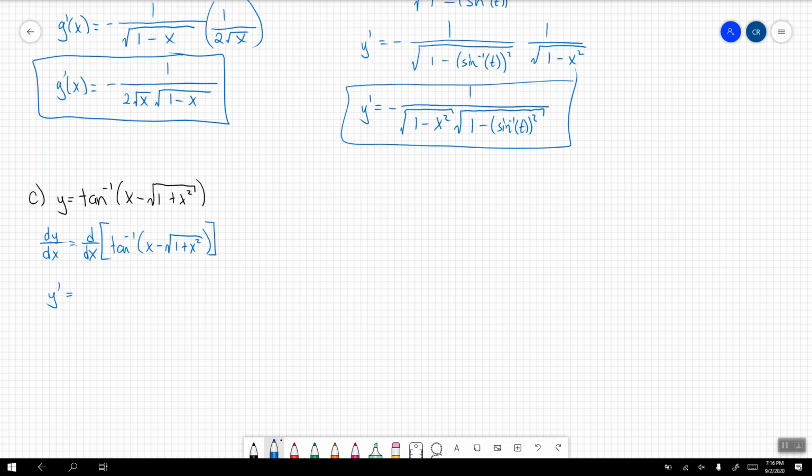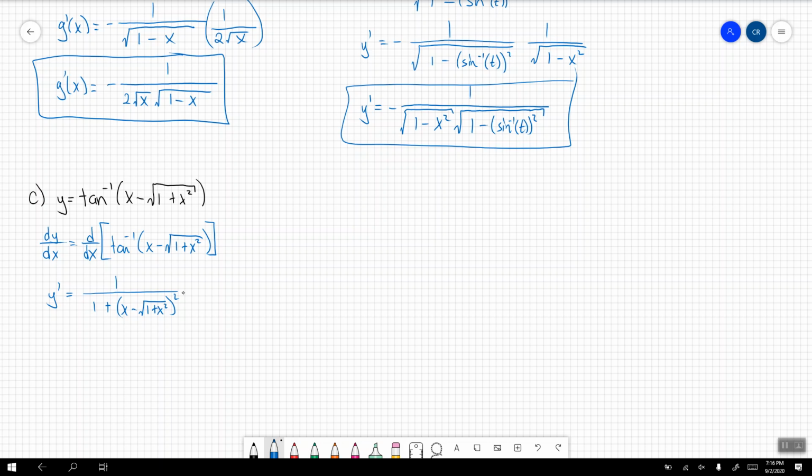The right-hand side, I take the derivative for tan inverse. So the derivative for tan inverse is just going to be 1 divided by 1 plus whatever's in the argument squared. The argument of tan inverse in this particular case is x minus square root of 1 plus x squared. So that's that.